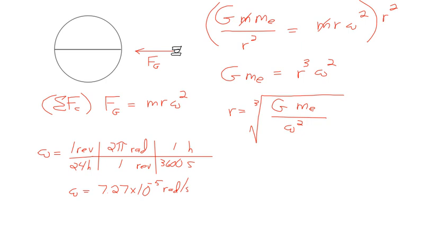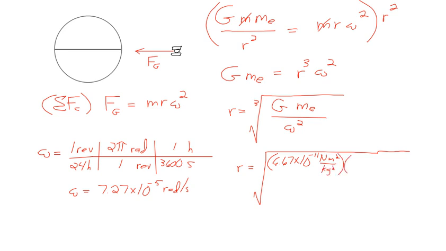All right, so now that we have that, we have all the numbers to plug in. Do you know how to put the cube root in your calculator? There's a couple ways you can do it. If you have trouble doing it, let me know. I'll show you. But we're going to put in, for G, 6.67 times 10 to the negative 11 newton meters squared per kilogram squared.